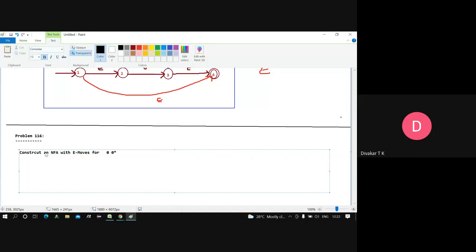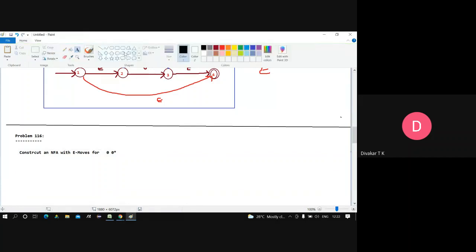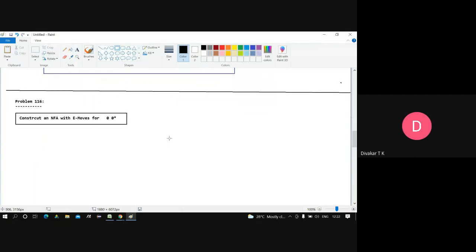Okay. So this is a problem here. So 0, 0 star. Okay. How to do it? First of all, okay, solution.